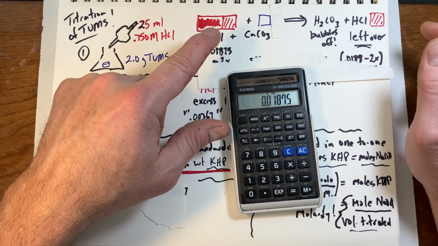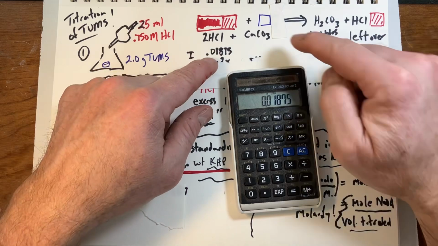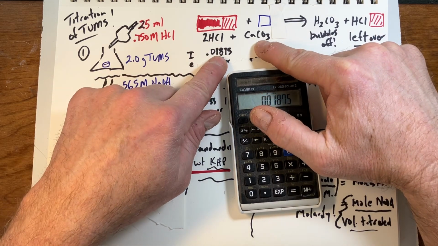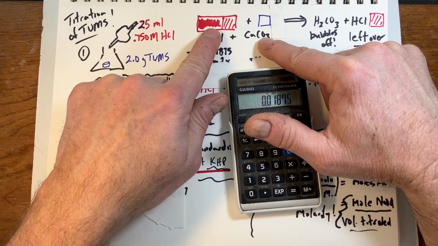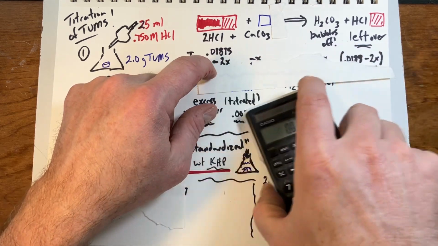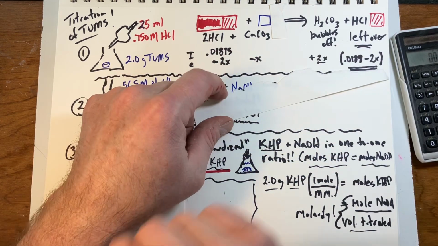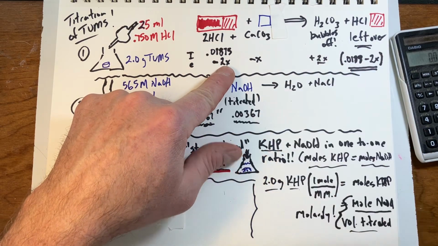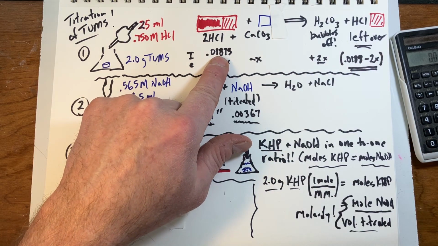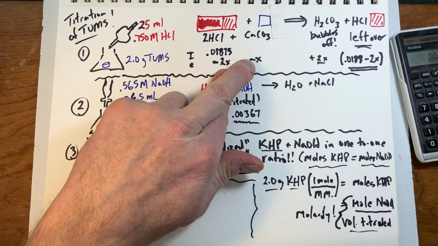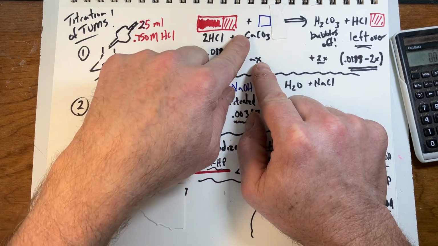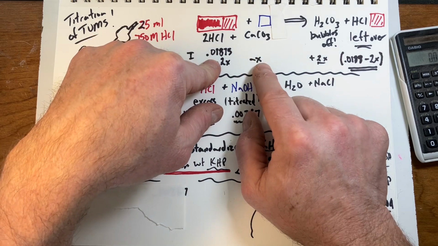We don't have the ability to just take the amount here and divide it by 2 and know exactly how much of this was consumed. No, because this is an excess, but I can use X. Let's say 2X amount is reacted from this 0.01875. I know there would be half as much needed of the calcium carbonate, so I have a 2X to X relationship.